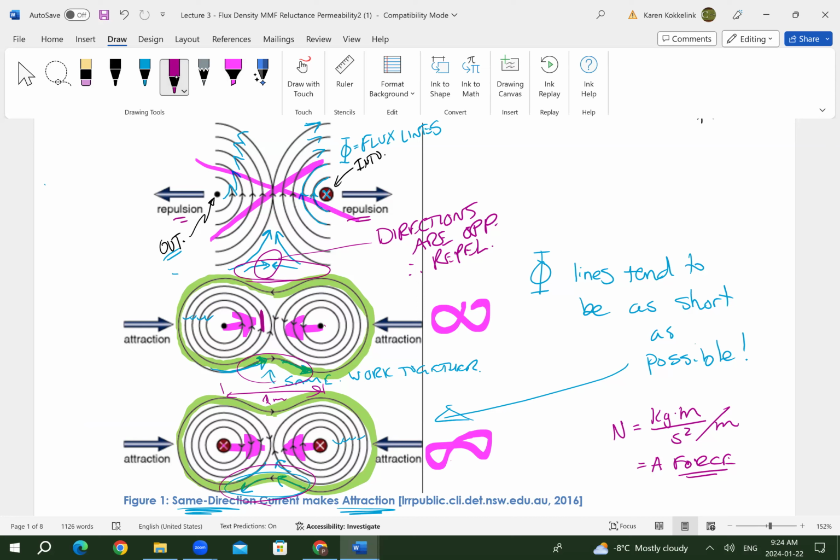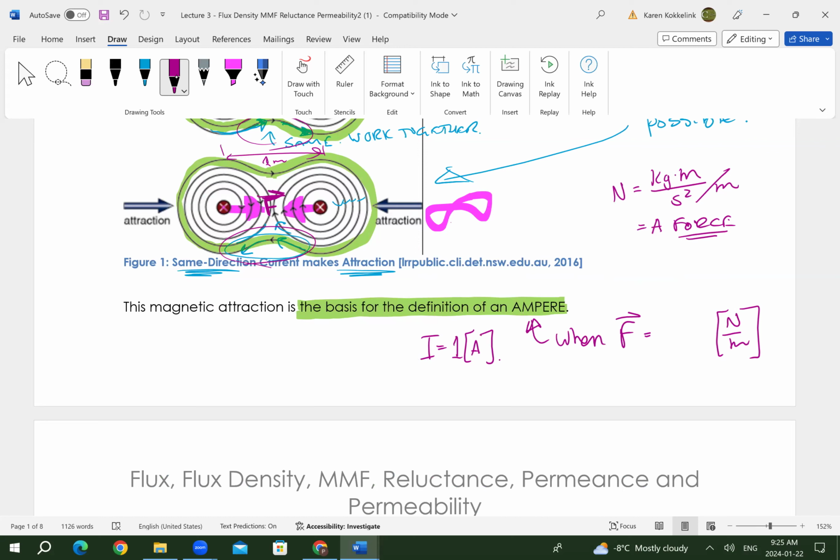And how big is that force? We say, let's call the current equal to 1 amp when we can measure, in this situation here, the force equal to 2 times 10 to the negative 7 newtons per each meter.